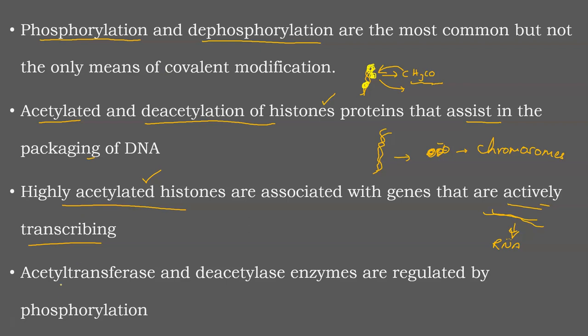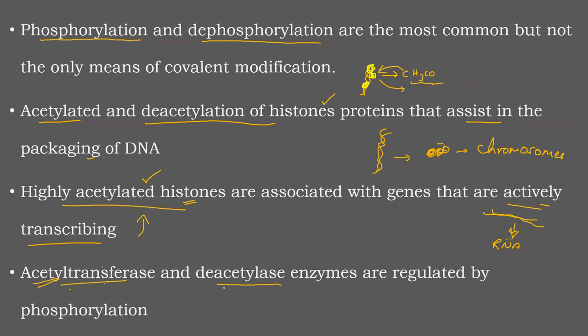Acetyl transferase and deacetylase enzymes are regulated by phosphorylation. So in order to acetylate these histones, what type of enzymes are required? Acetyl transferases, which are the enzymes that transfer the acetyl groups. These acetyl transferases are required to acetylate the histone proteins.